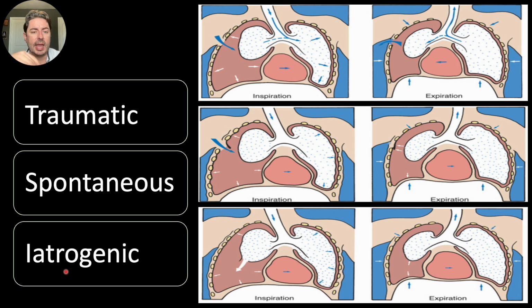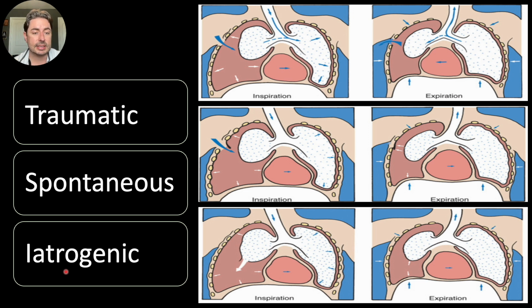Well, it could be a pleural or liver biopsy. It could be a transthoracic needle biopsy. So biopsies that are near the lung parenchyma are some of the typical things that we've seen.